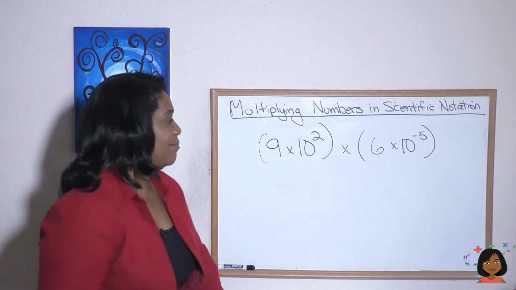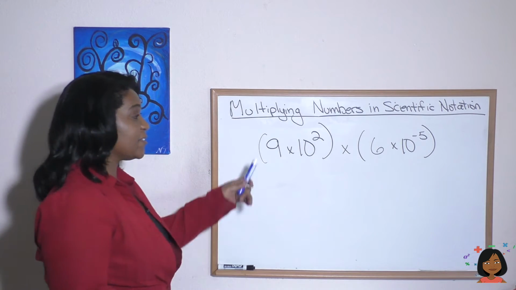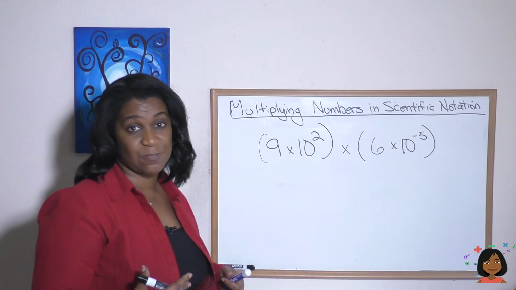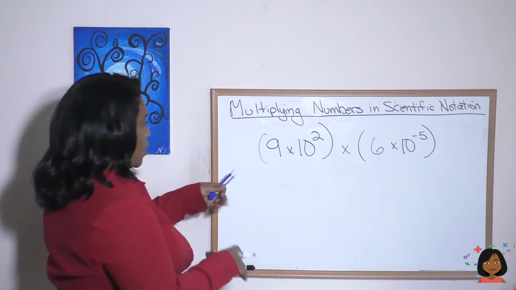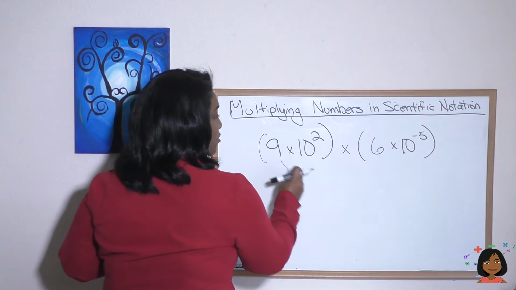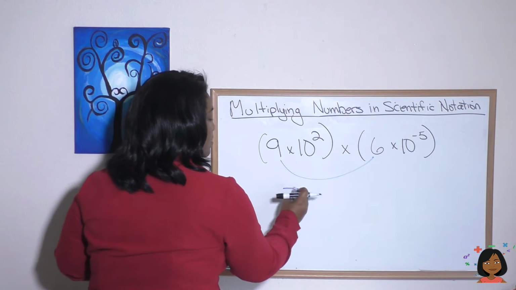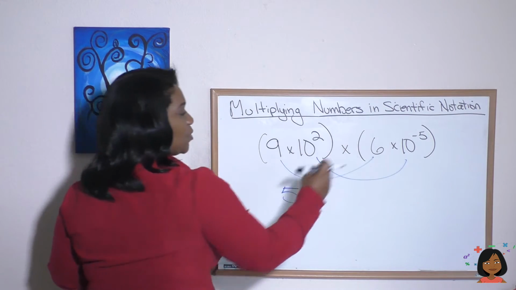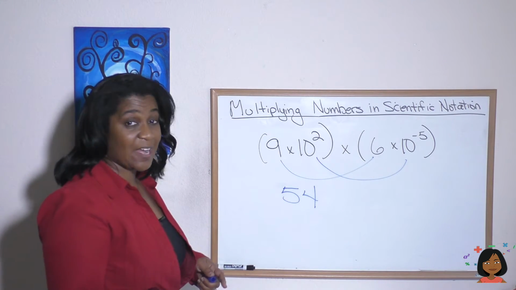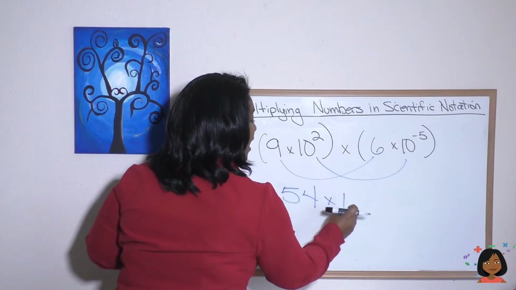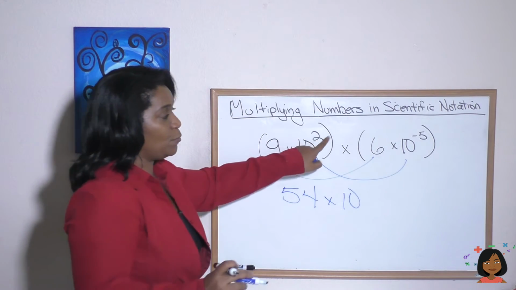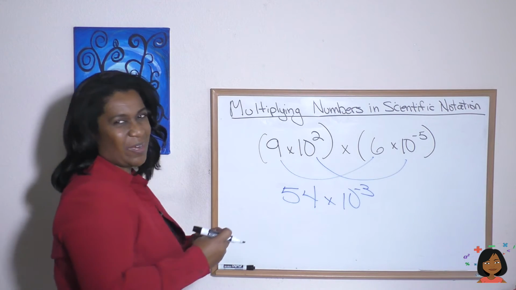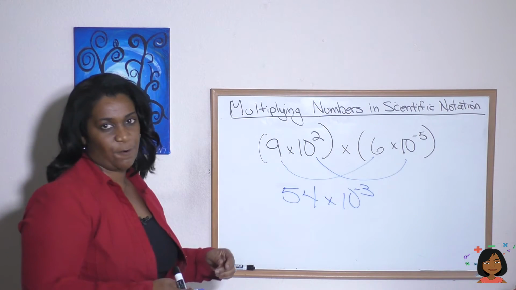Let's try another problem. 9 times 10 squared times 6 times 10 to the negative 5th. So this time we're bringing in a negative exponent. How do things change? Okay, so we are going to first do our 9 times 6, which gives us 54. And then secondly, we do our multiplication, but we add our exponents, which means we're going to get 10 to the 2 plus a negative 5, which is a negative 3. Okay, but what I just told you is we can't keep this 54 as it is.